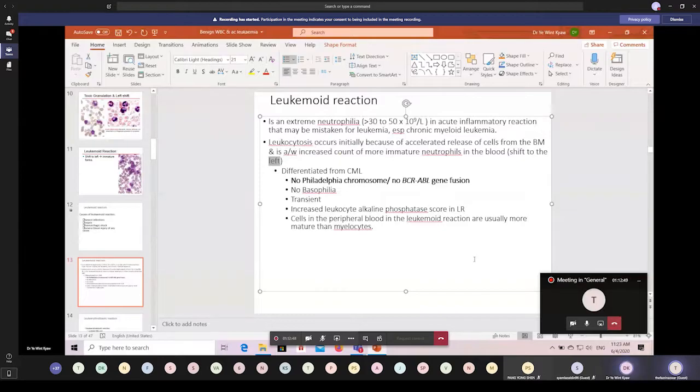Shift to the left of neutrophil. No comment, doctor. Shift to the left of neutrophils is called, how do you understand shift to the left?